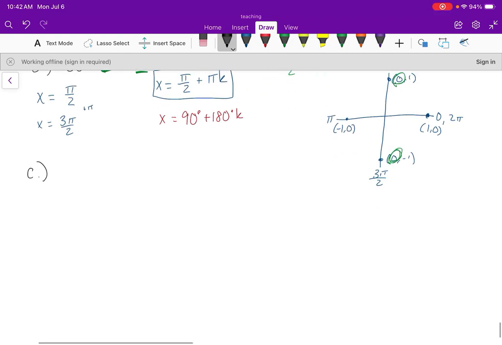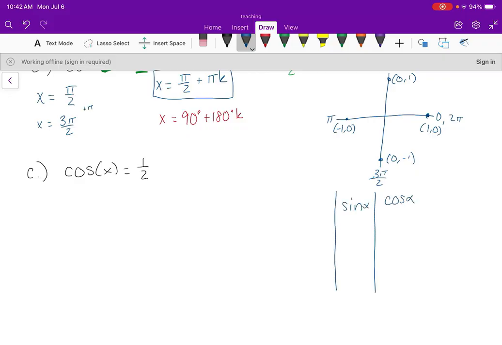Let's start some that use the table instead of just the circle. So I'm gonna go ahead and write an example. So let's do, still working with cosine, let's do cosine x equals positive half. And so for this one, I'm going to need my table. So I have my sine of an angle, cosine of an angle.